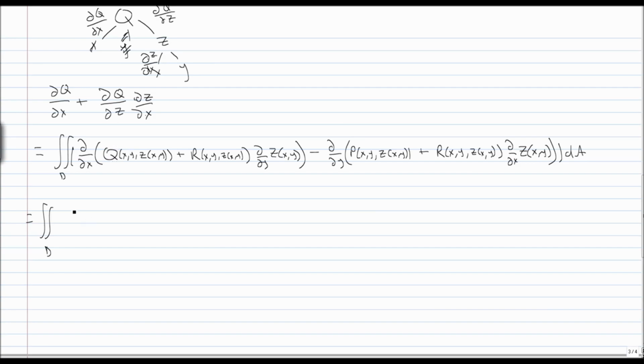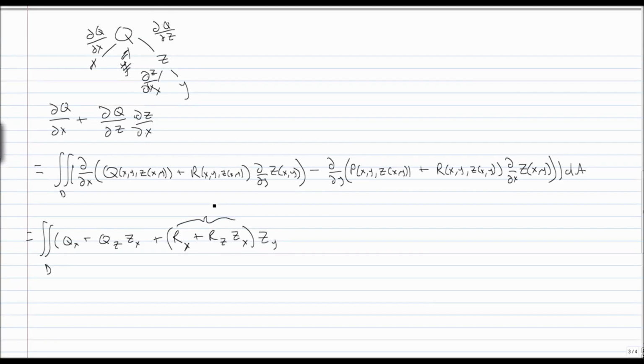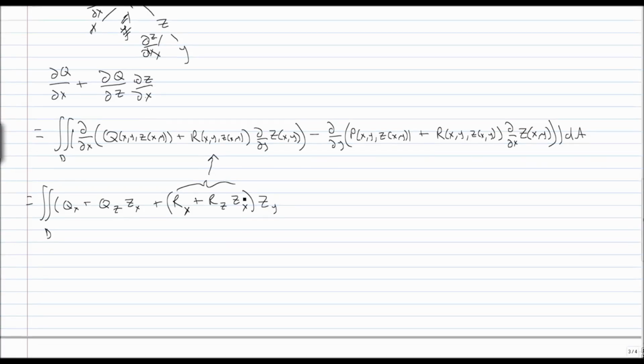Okay, so let's do this guy. Like I said, we take the partial derivative of this q term, and I wrote it up here, so I'll just write that down right quick. Here's where we have to use the product rule. I'm going to use the chain rule on r. When I take the derivative of this guy and multiply it by that, I have to use the chain rule on r. So it's similar to what we have here, right? So this right here is the derivative using the chain rule of that.